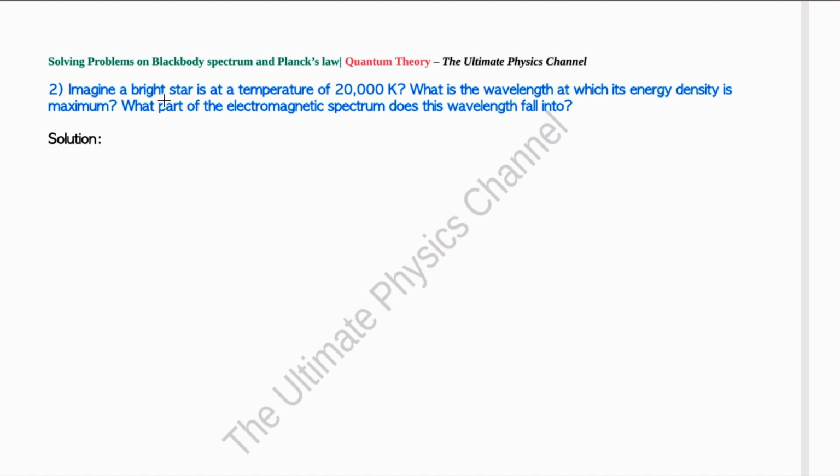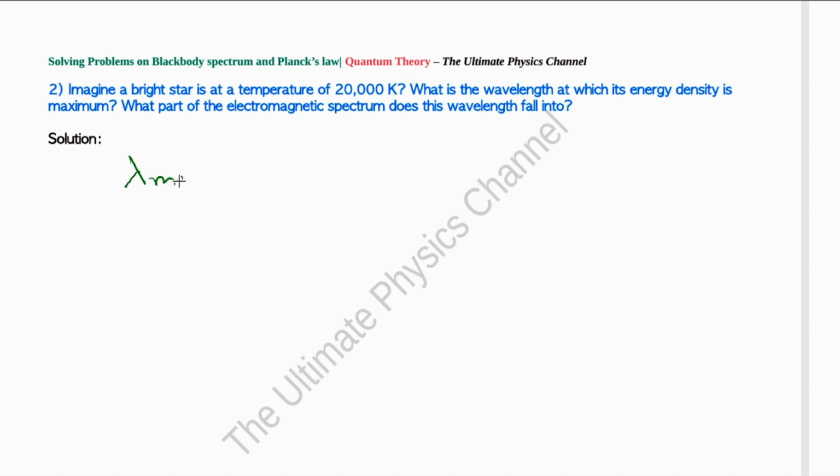Imagine a bright star which is at a temperature of about 20,000 Kelvin. What is the wavelength at which its energy density is maximum? Which part of the electromagnetic spectrum does this fall into? Right. So again, simple application of Wien's displacement law.